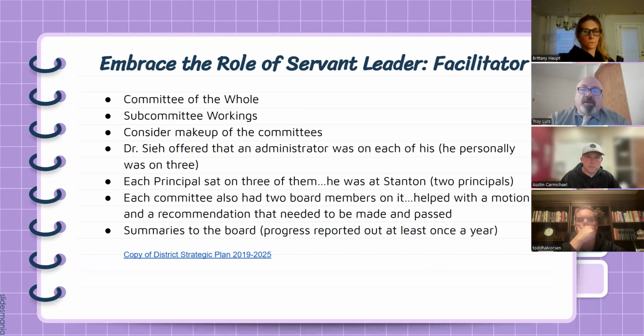What I'm hearing from him is that he was not afraid, as a superintendent, to have them there, and certainly if they wanted to guide direction and answer questions. So there are philosophies with that. The reason I bring that up is because we have to embrace that role of servant leadership and be a facilitator, helping guide them along.